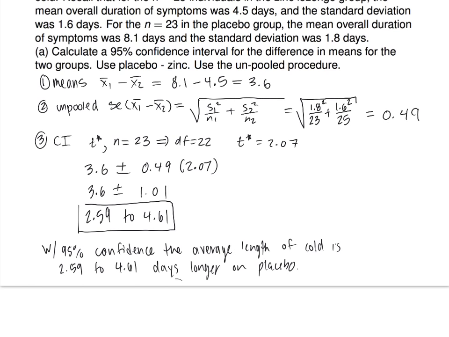Or you could say that the people taking zinc have cold lengths that are between 2.59 and 4.61 days shorter. That's the exact same thing. Okay, are we ready to move on to the next part?